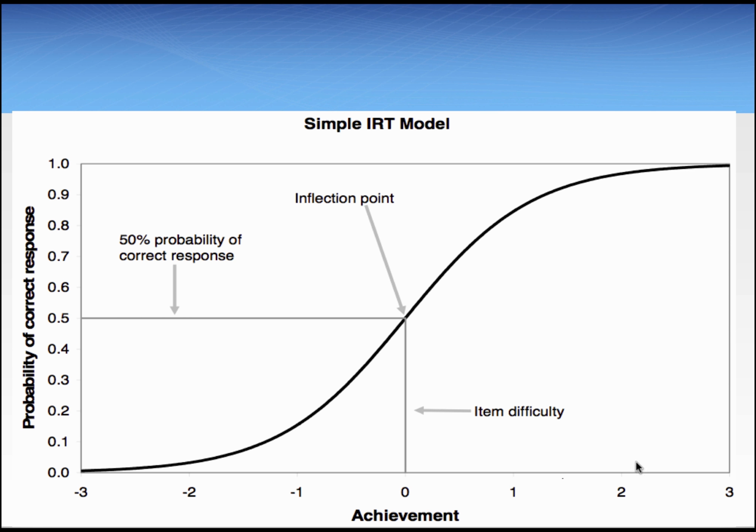People with very high ability have almost 100% probability to get a correct response. And then you can see here around the middle, your probabilities to have a correct response slowly increases. All right, and you can see the average achievement has about a 50% probability of correct response.